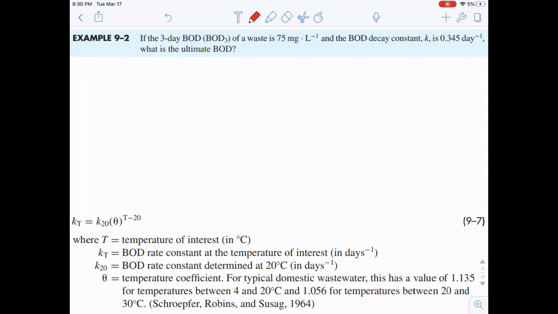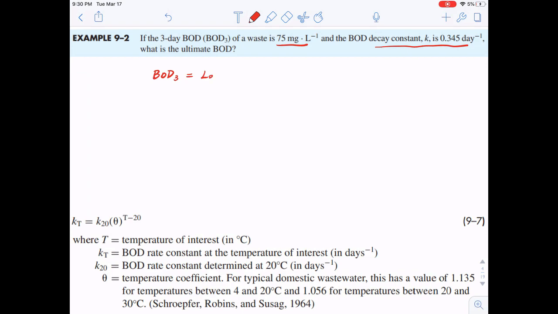So here is an example that we went through during our class. With this concept, let's say the 3-day BOD has a value of 75 milligram per liter, and that we know the BOD decay constant. What is the ultimate BOD?